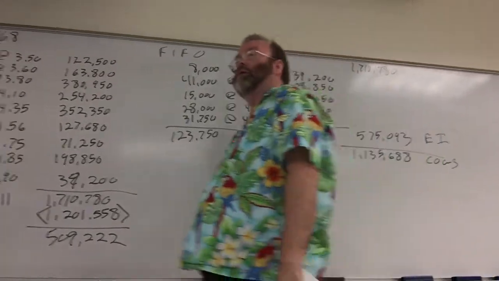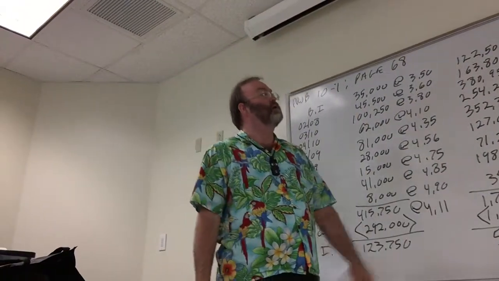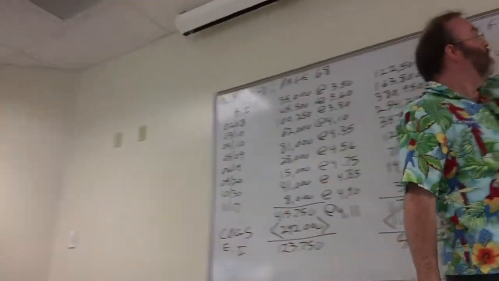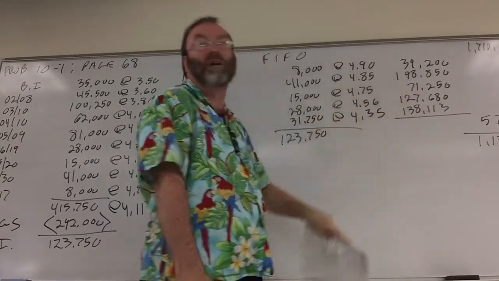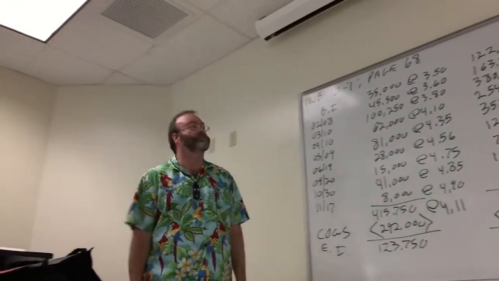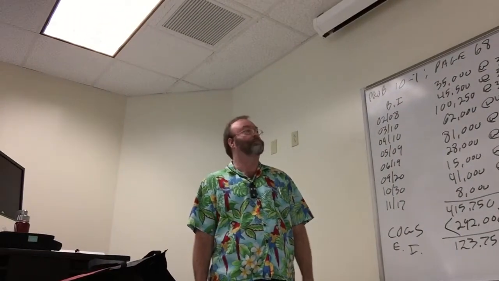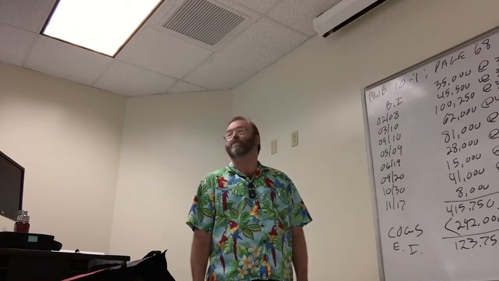Wait, so the 575,093 is just adding up? Yeah, so adding up this column. That's the 39,200 plus the 198,850 on down. Yes?